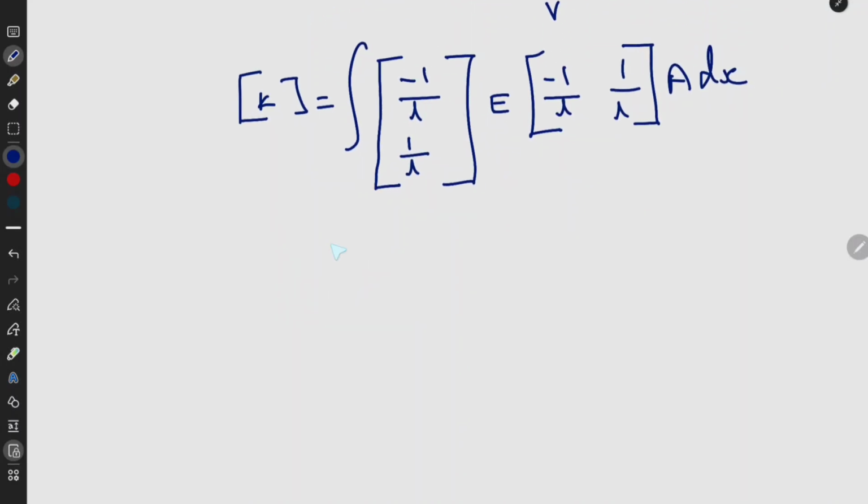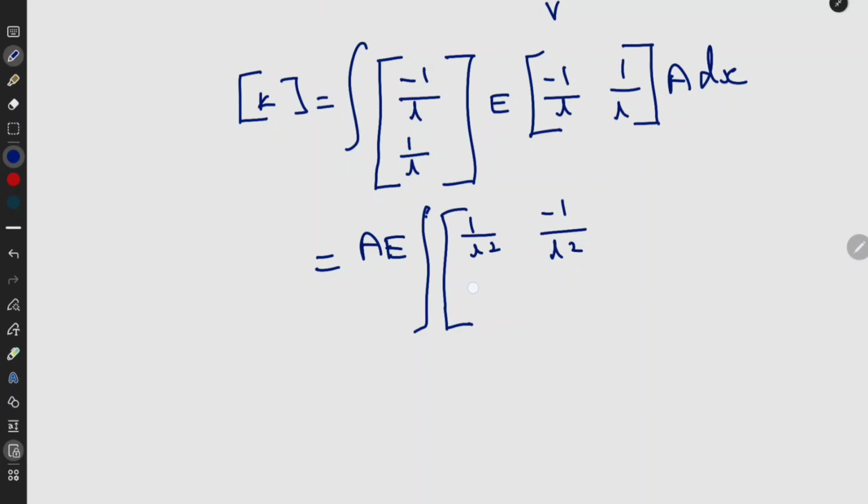Next we are going to simplify this. I am keeping A and E outside, and I am going to multiply the matrices first. So it is 1 by L square, minus 1 by L square, minus 1 by L square and 1 by L square, into dx.